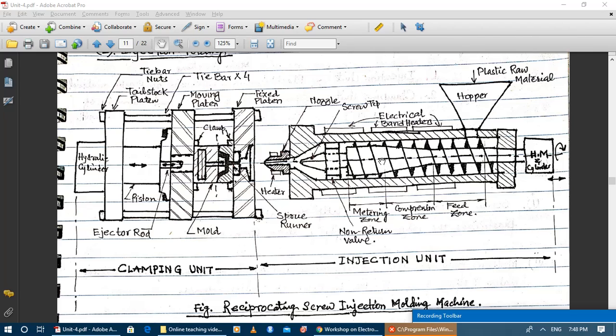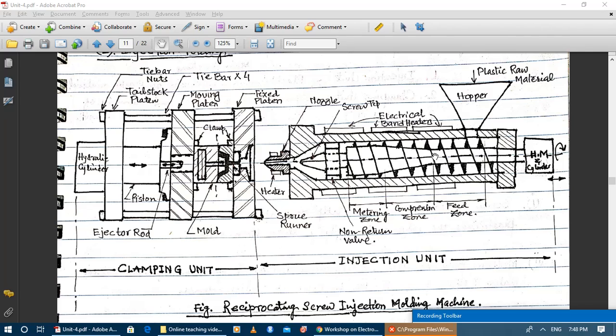During the injection stage, the hydraulic cylinder attached to the reciprocating screw will push the screw in the forward direction, that means from the hopper to the nozzle direction.